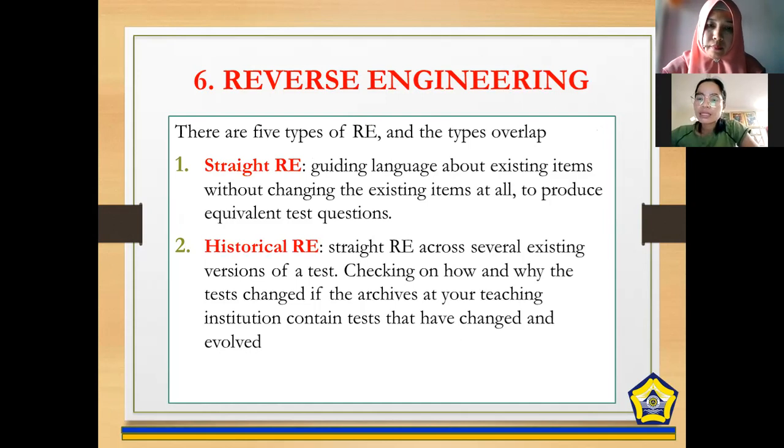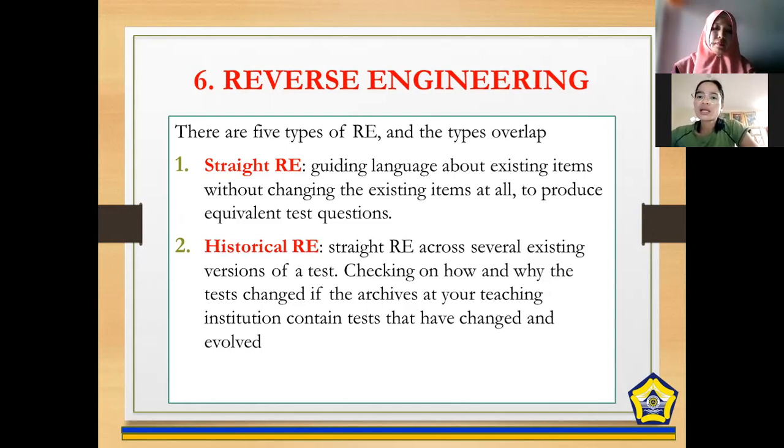There are five types of reverse engineering, and they overlap. The first is straight reverse engineering. It focuses on the guiding language of the existing item, without changing the existing item at all, to produce an equivalent test question.